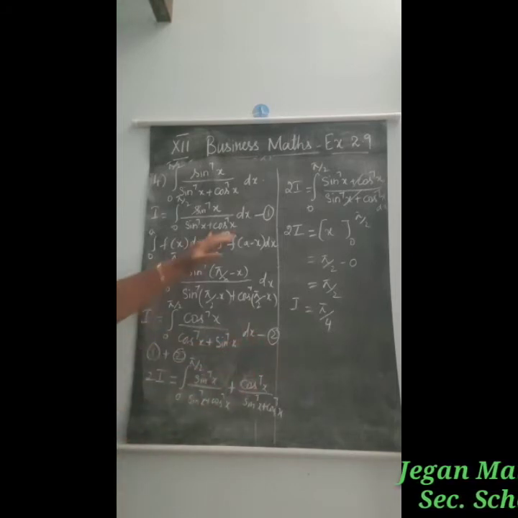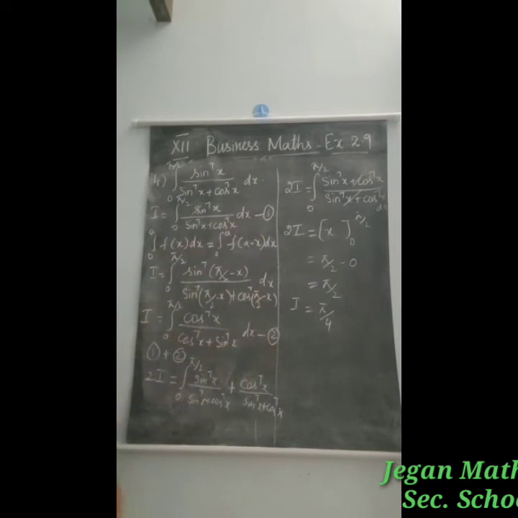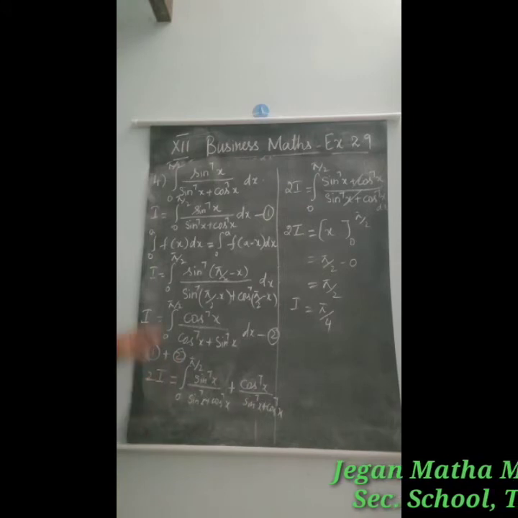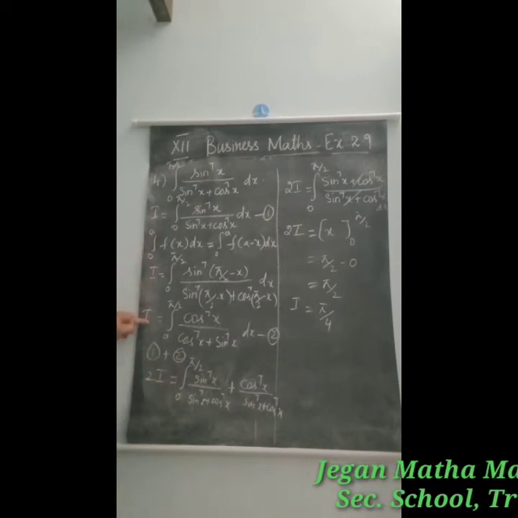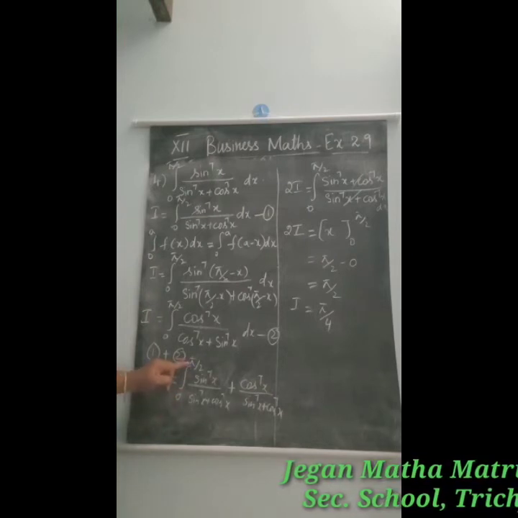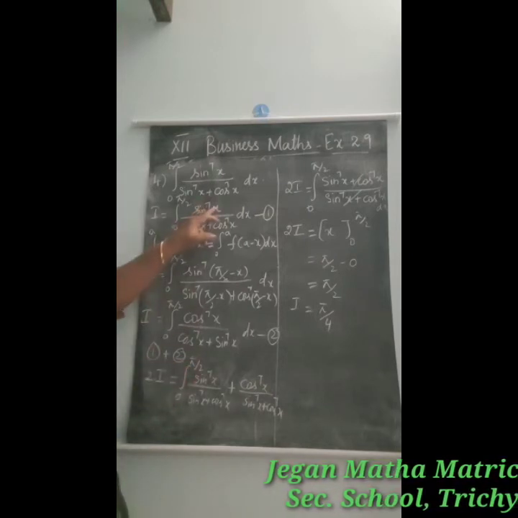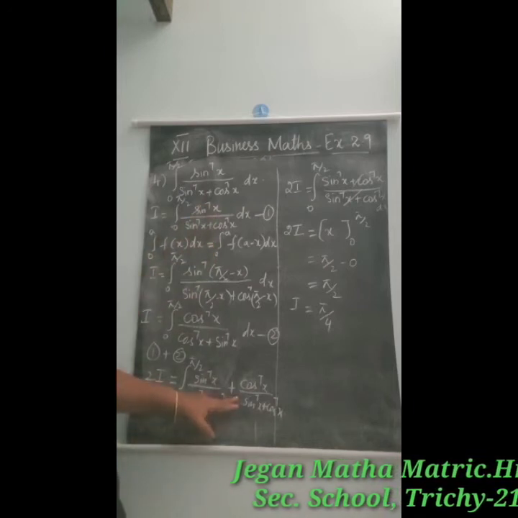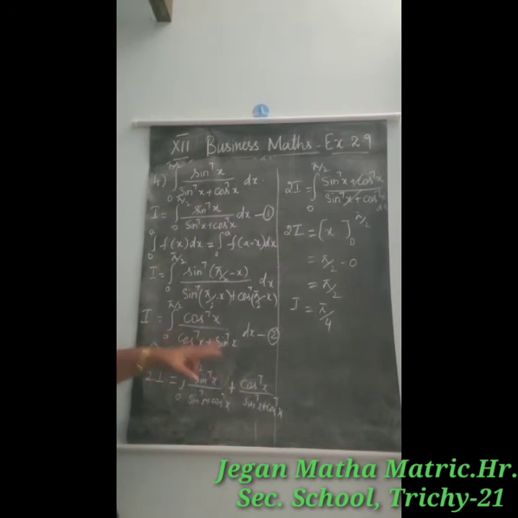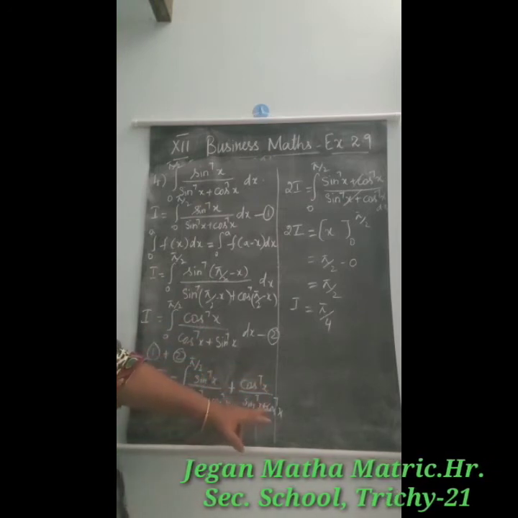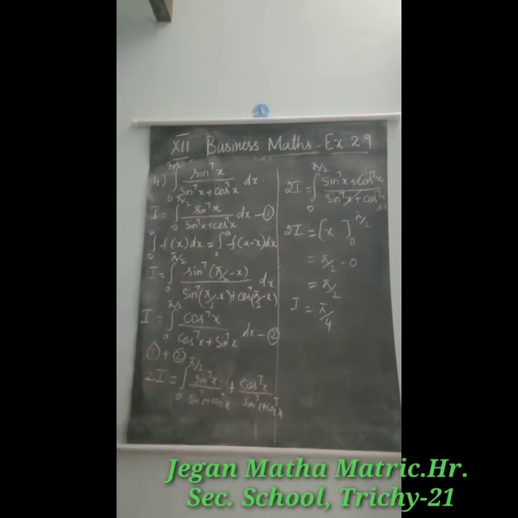This is the second equation. Let us add the first equation and the second equation. We will get I plus I, 2I, is equal to the integral of 0 to pi by 2 of sin power 7x divided by sin power 7x plus cos power 7x, plus the second equation, cos power 7x divided by sin power 7x plus cos power 7x.